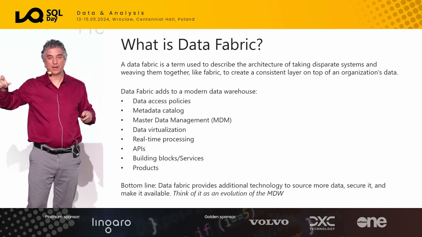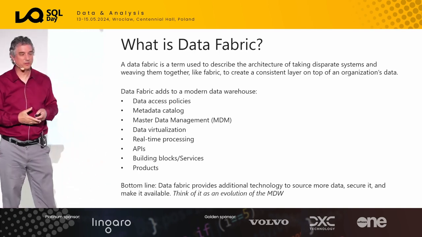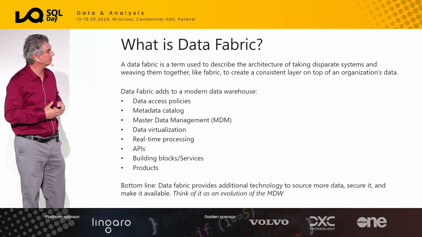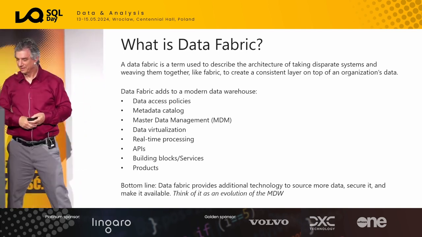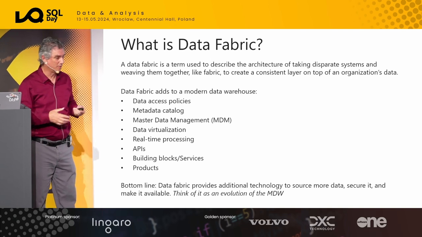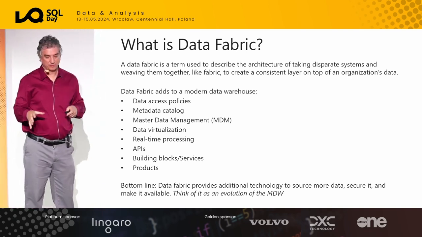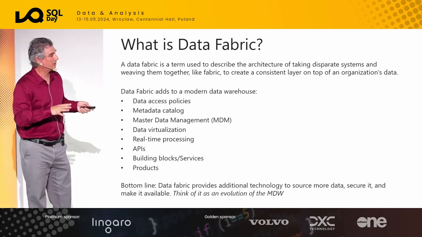Can I use that? And if you build it out in a certain way, where it's generalized or using configuration files, that could be a building block or a service that people can use. And then some companies have whole products on the data fabric. And so what I find is a lot of times this is an evolution of the modern data warehouse, and people will just use data fabric. They won't use MDW anymore. They'll call everything a data fabric.